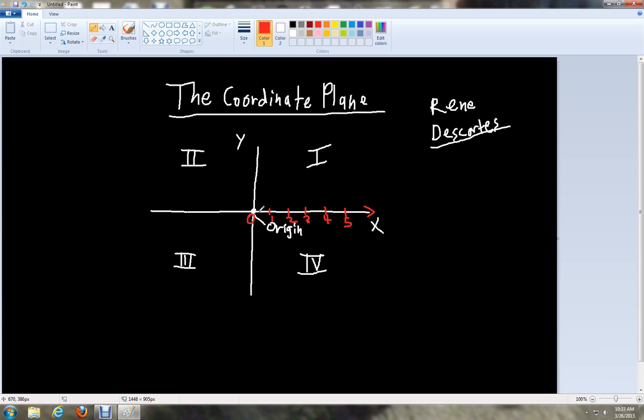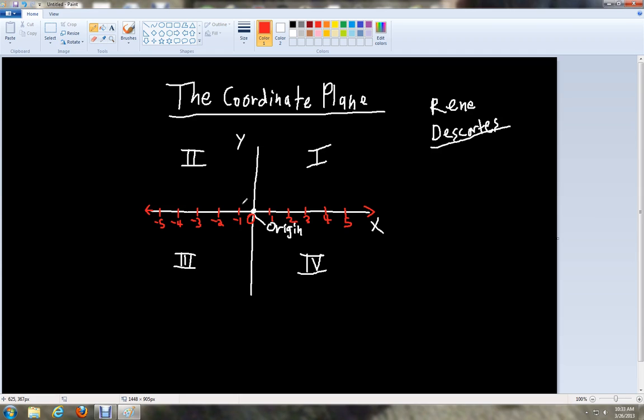All of these, when you're moving to the right of the origin, are positive numbers, and all the numbers to the left of 0 are negative. So we'll have -1, -2, -3, -4, -5, and so on.